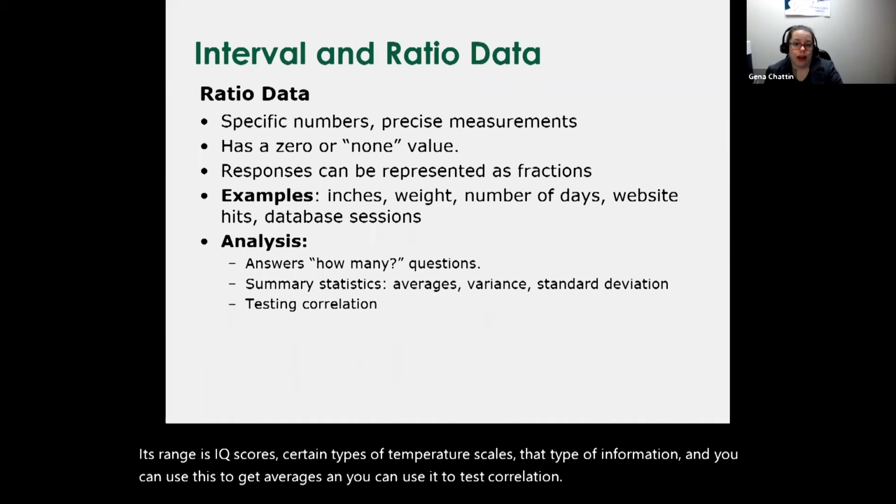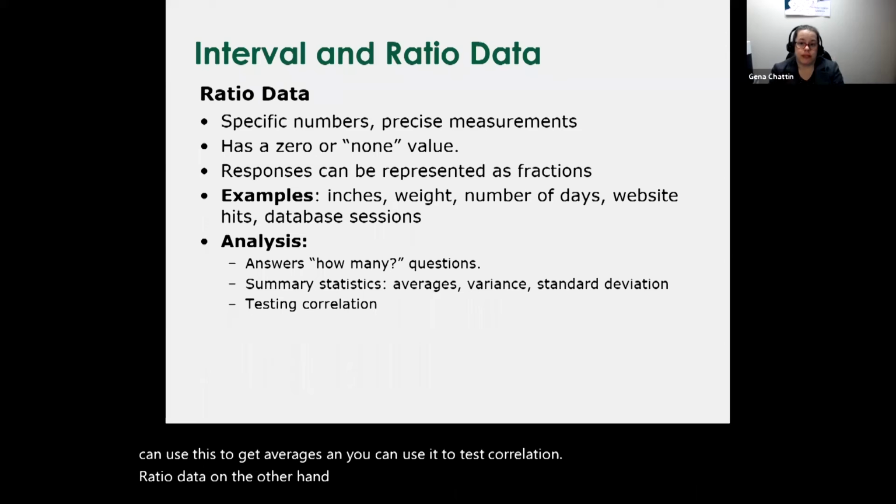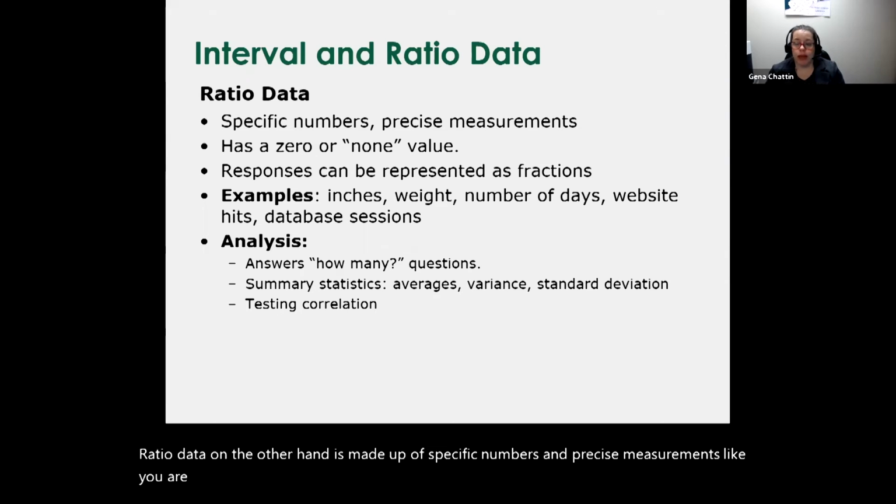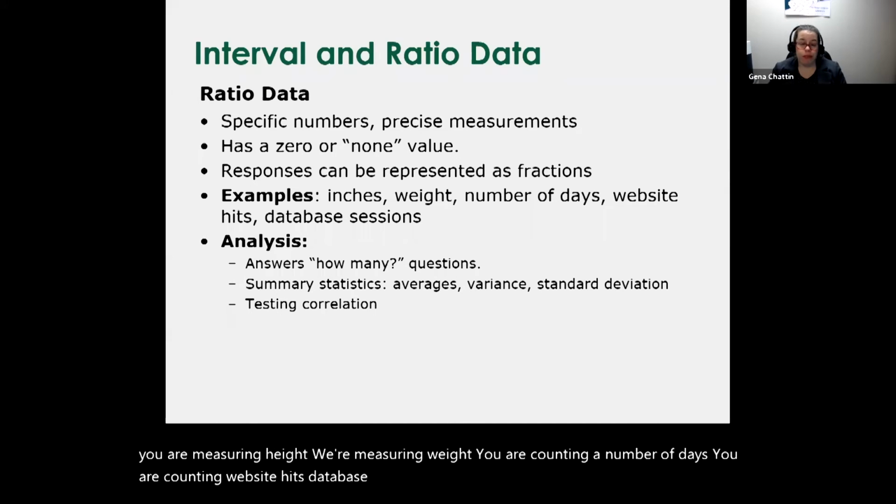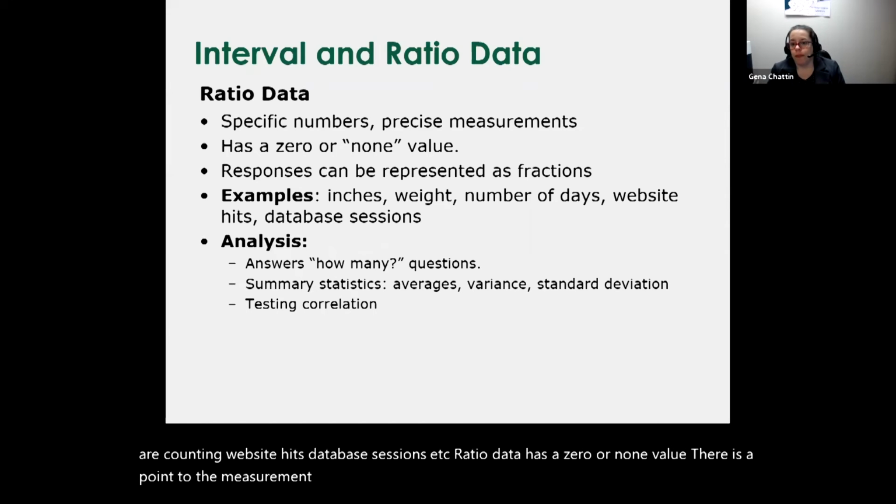Ratio data, on the other hand, is made up of specific numbers and precise measurements. Like, you are measuring height, you are measuring weight, you are counting a number of days, you are counting website hits, database sessions, etc. Ratio data has a 0 or none value. There is a point to the measurement where there is none. For example, sadly, if you had 0 database sessions, that is a possibility.